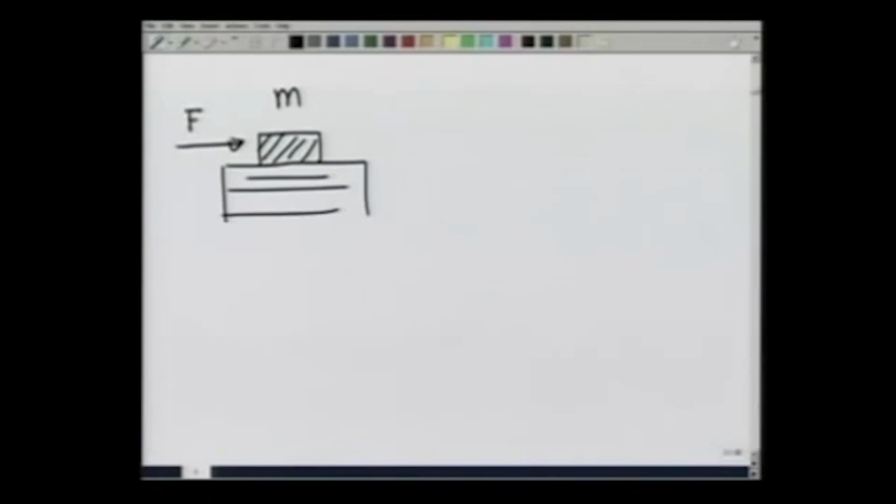To understand friction, let us perform a small experiment. Let us take a block of mass m on a table or on a rough surface and push it by a force F. You notice that when force is small, the block does not move.